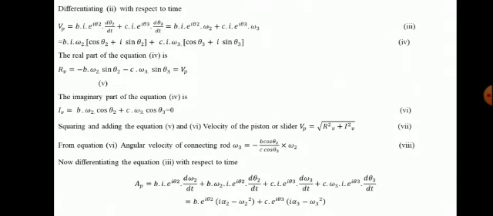Therefore, b e^(iθ2) into i, so minus 1 will come, minus ω2 square.